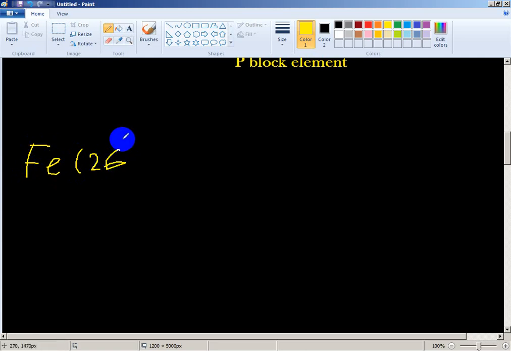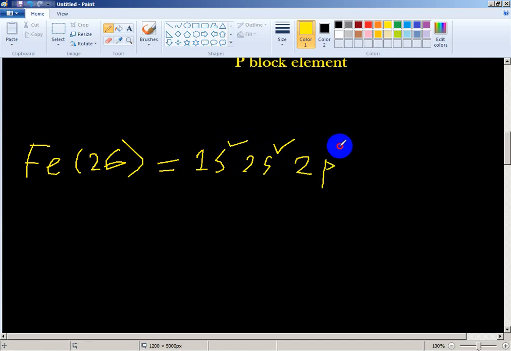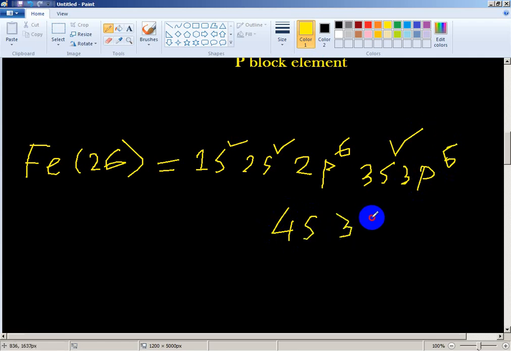So it is 1s2, 2s2, 2p6, 3s2, 3p6, then 4s2 and 3d6. The last electron enters the d orbital.